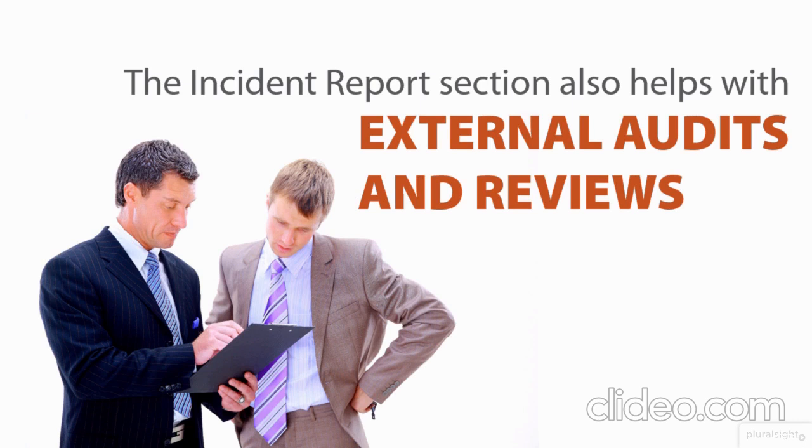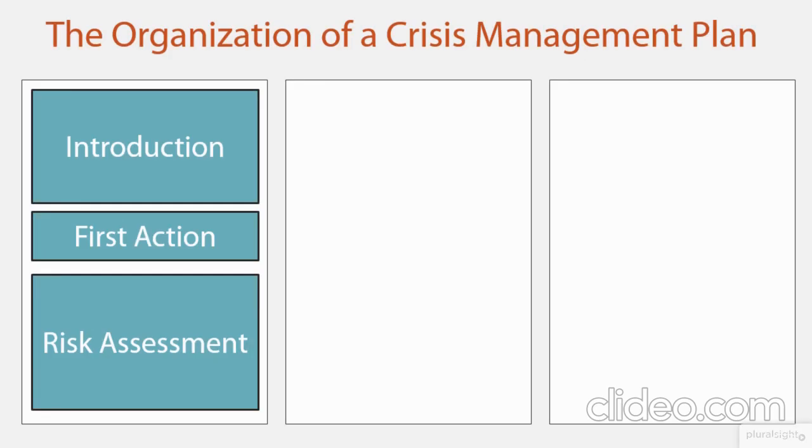In such cases, the organization needs to demonstrate that they made every reasonable effort to contain damage resulting from the crisis, which can be useful for limiting future liability or even criminal charges should people start asking questions about, say, whether an accidental crisis might actually have been a preventable one. In terms of location, the incident report section typically follows the risk assessment section. The next major section is the communication strategy section, so let's talk about that now.